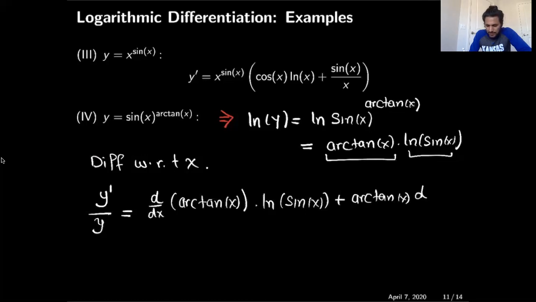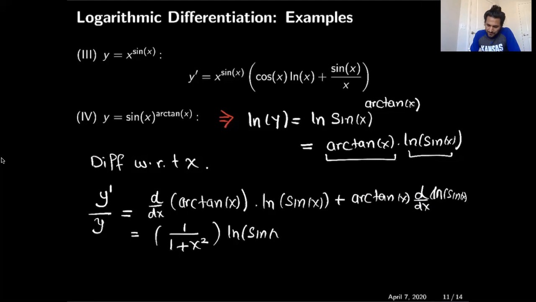We will take the derivative of the second function, which is the natural log of sine x. We know that the derivative of arc tan x from the previous video is 1 over 1 plus x square, and this function will stay as it is, and arc tan of x will not change, same as it is.